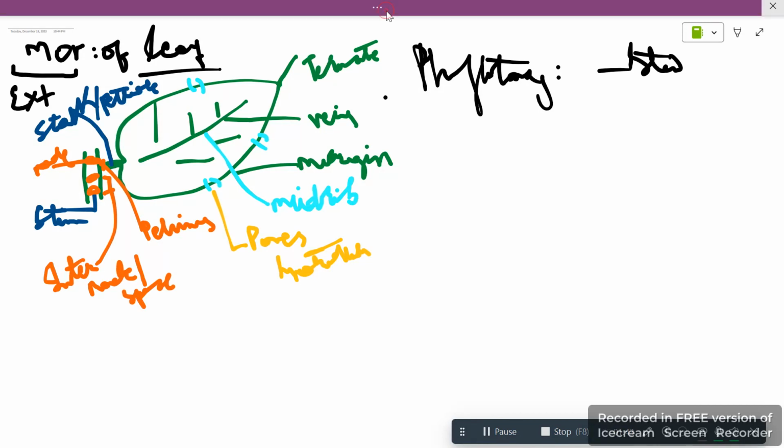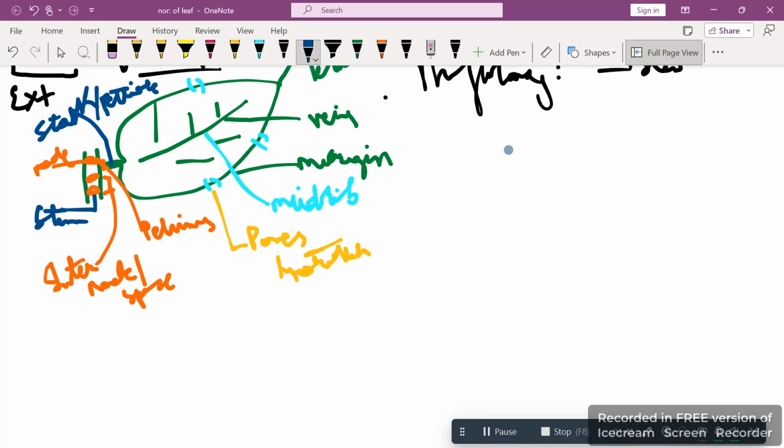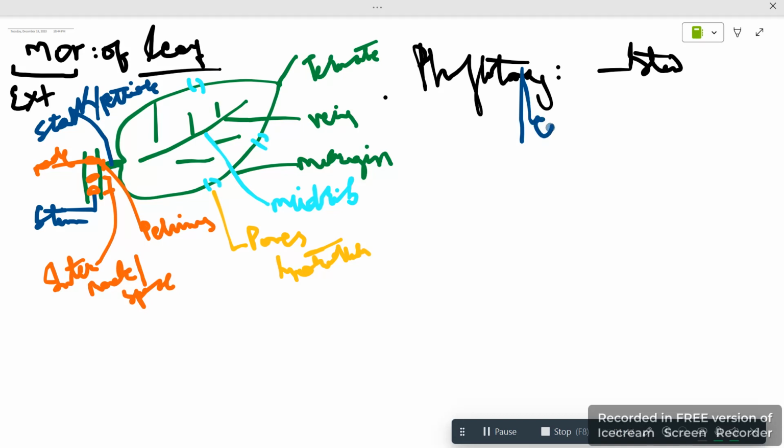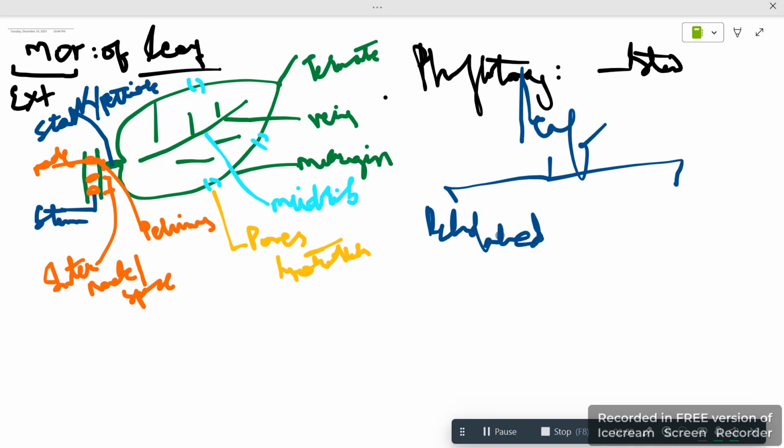Then we are going to discuss that we have two types of leaves here: petiolated and non-petiolated leaves. Petiolated, and here non-petiolated.